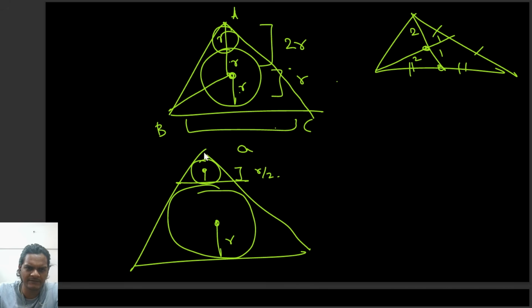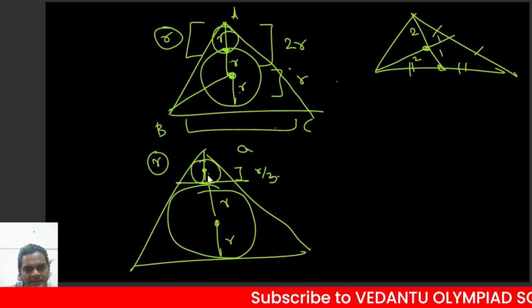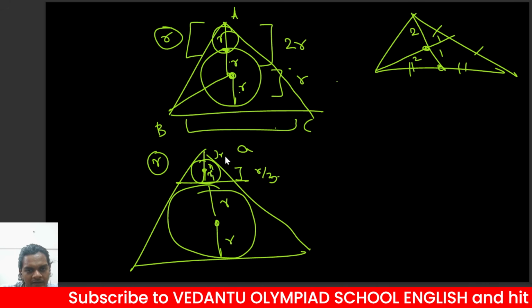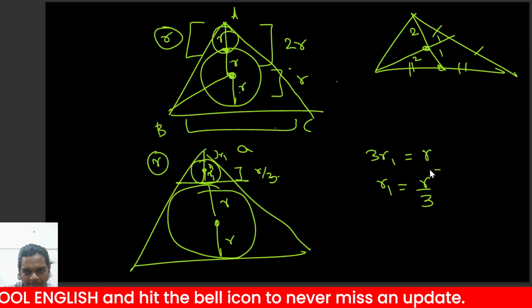Exactly for the same reason, because if this total height is R, but the R inside is, I suppose it's not R by 2, it's R by 3, right? Because this circle center divides the median in three equal parts. So here it will be, let's say, R1, R1, and R1. So 3R1 happens to be R. So R1 is R by 3.